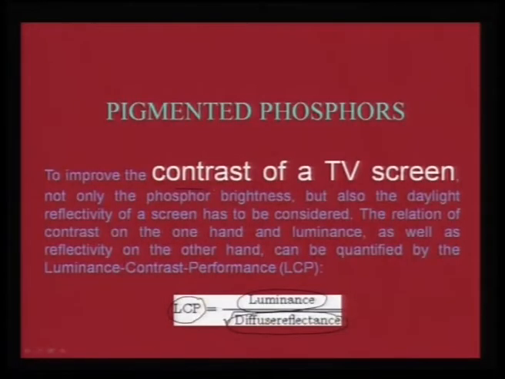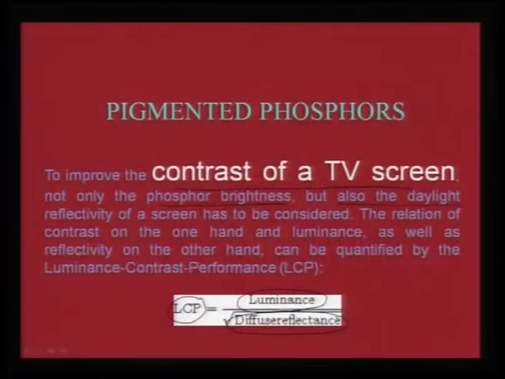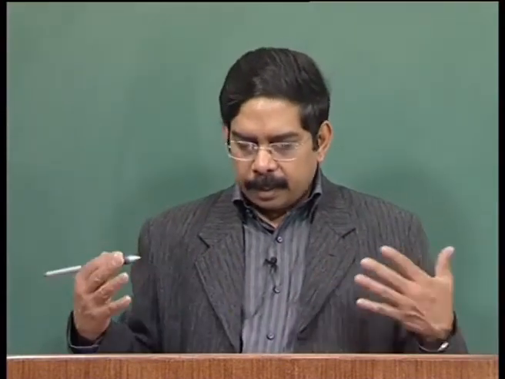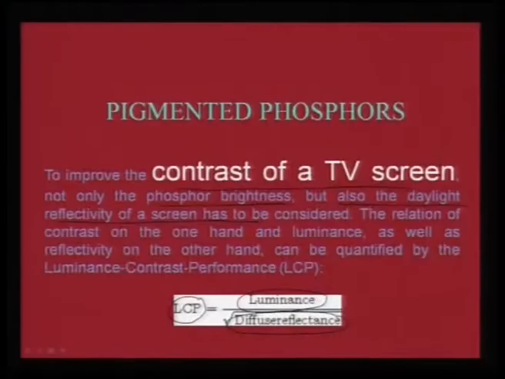To improve the contrast of a TV screen, not only the phosphor brightness is important; just because it glows bright does not make it a good candidate, because we need to combat the daylight reflectivity of the screen. So, the contrast is actually a gamble between the brightness of the phosphor and the daylight reflectivity.